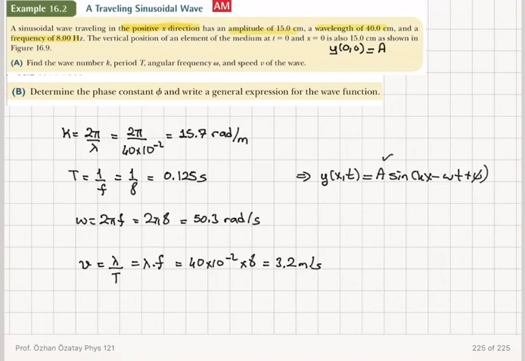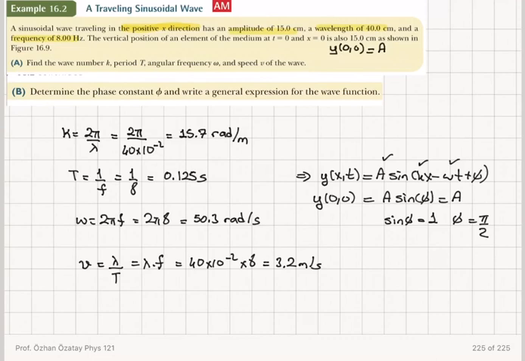So I know the amplitude, I know k, I know omega. What I do not know is phi. So y of 0, 0 is equal to A sine phi. This has to be equal to A. So how is this possible? Sine phi has to be equal to 1. So phi should be pi over 2.